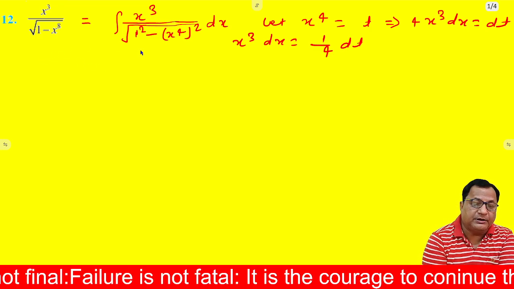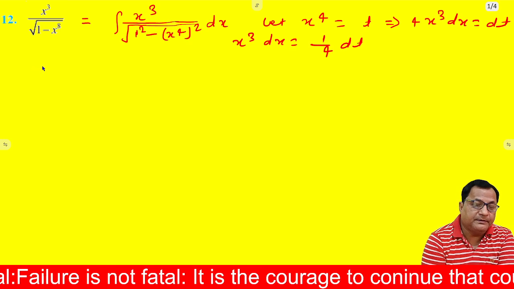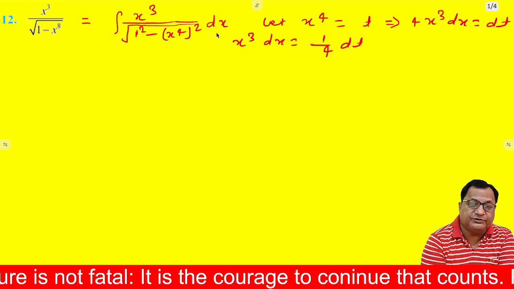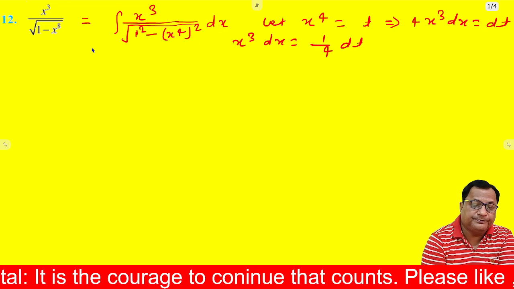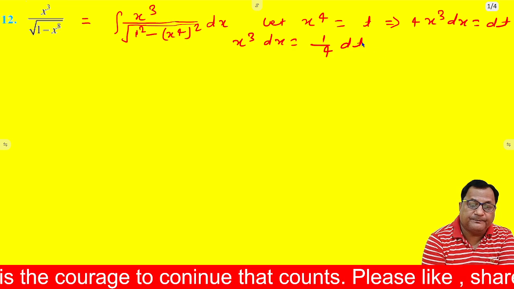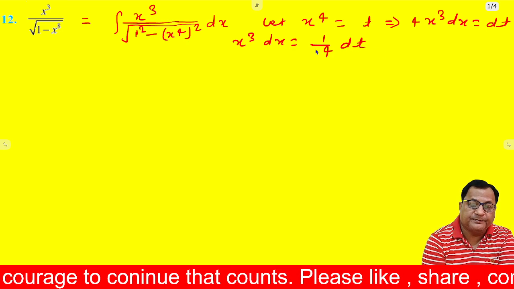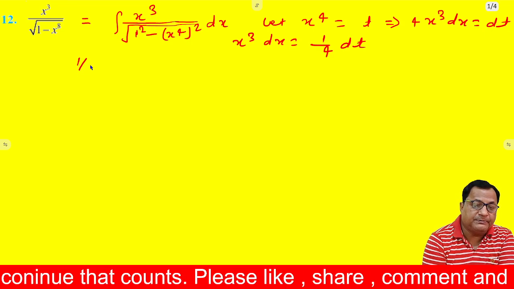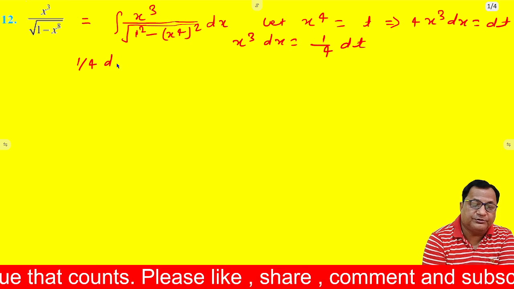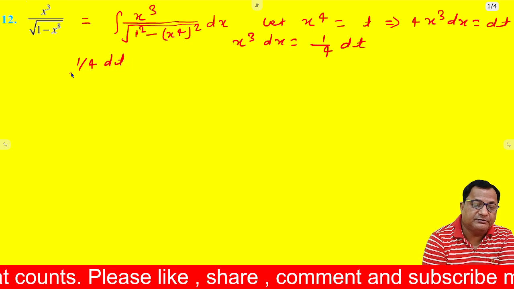Now we will put this here. So x cube dx is equal to 1 by 4 dt.